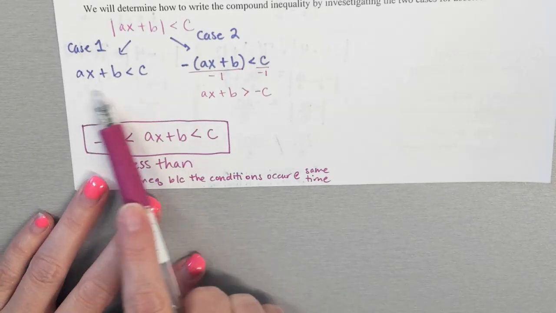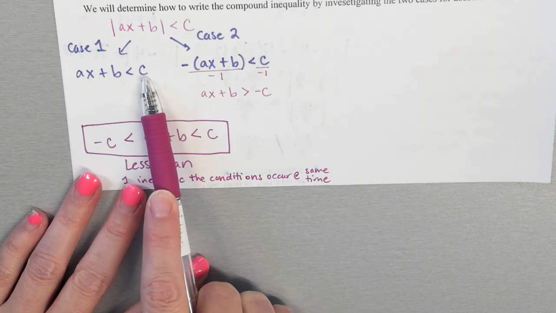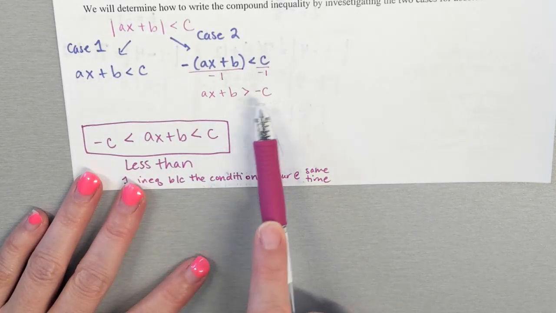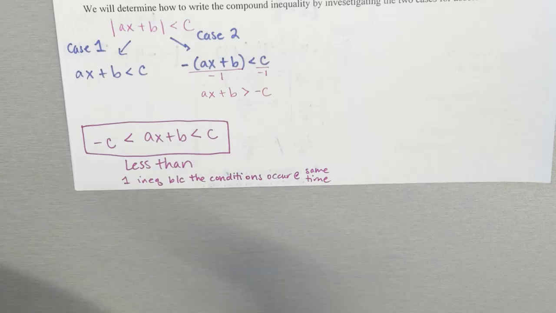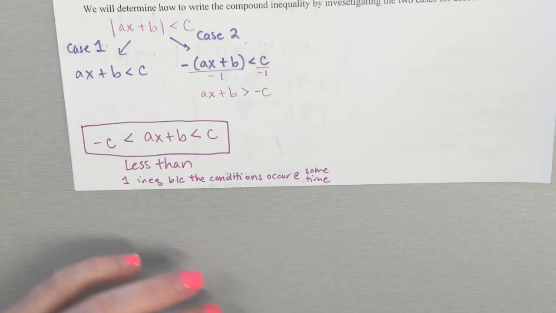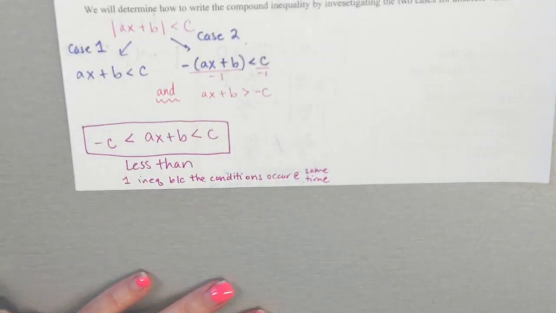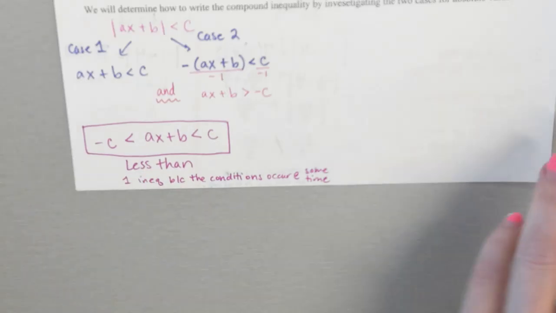If this quantity is less than 8, are there numbers that are less than 8 that are also greater than -8? Yeah, what are some of those? -1, 2, 6, 7, right? So those can occur at the same time. So we say and. These occur at the same time, so we can include them with an and. If they can occur at the same time, you have one inequality.